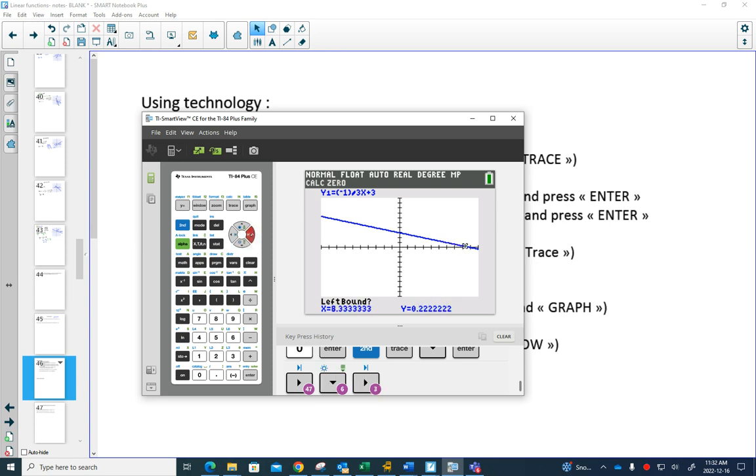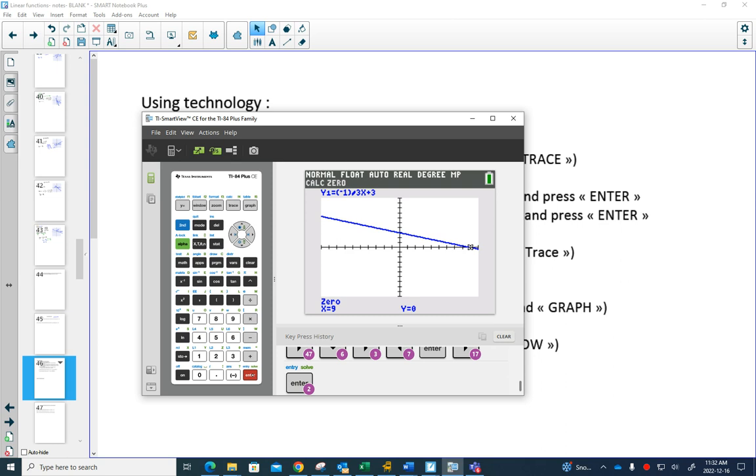Well, we already know it's at 9. If I'm a little bit to the left of it and push enter, my calculator draws a whole line. Some graphing calculators just draw the arrow. Then it asks me to go to the right side of it. I go to the right side of it. I push enter. It draws another arrow and another line. Then it asks me to guess. I think it's going to be right there. When you push enter again, it finds it for you at 9, 0.